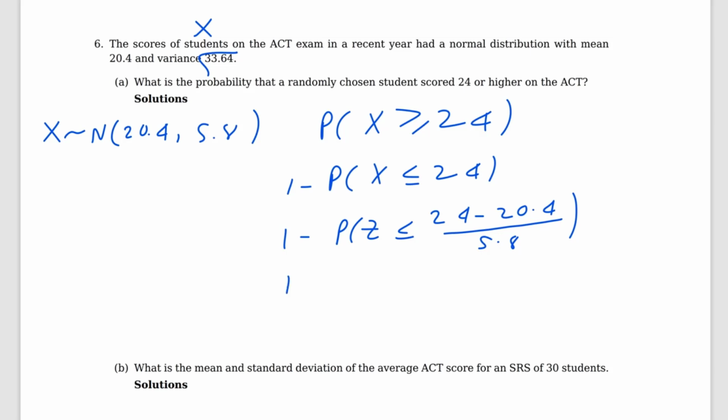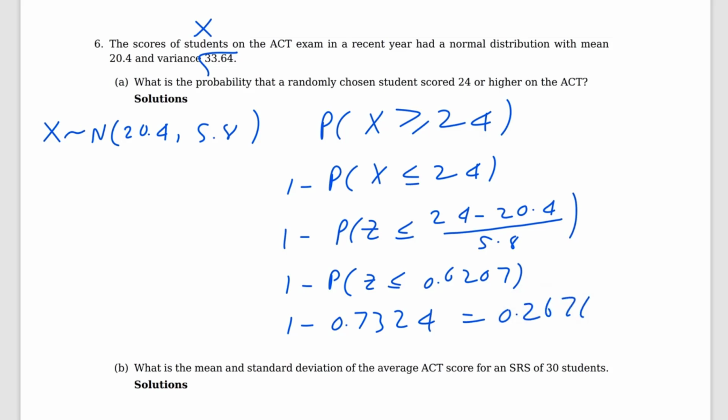So then 1 minus probability Z less than or equal to 0.62. If you go to the Z table, that should be 0.7324. Therefore, the final answer is 0.2676. Please understand.